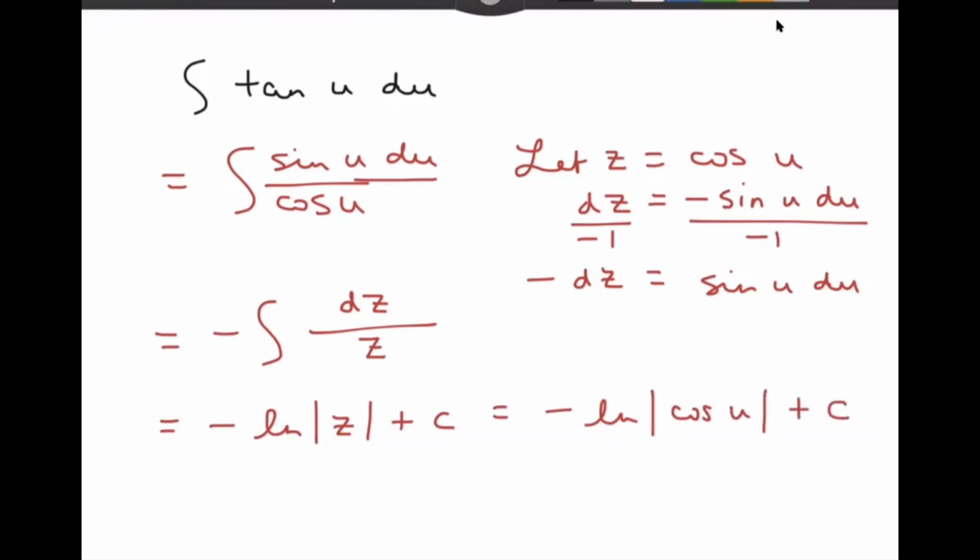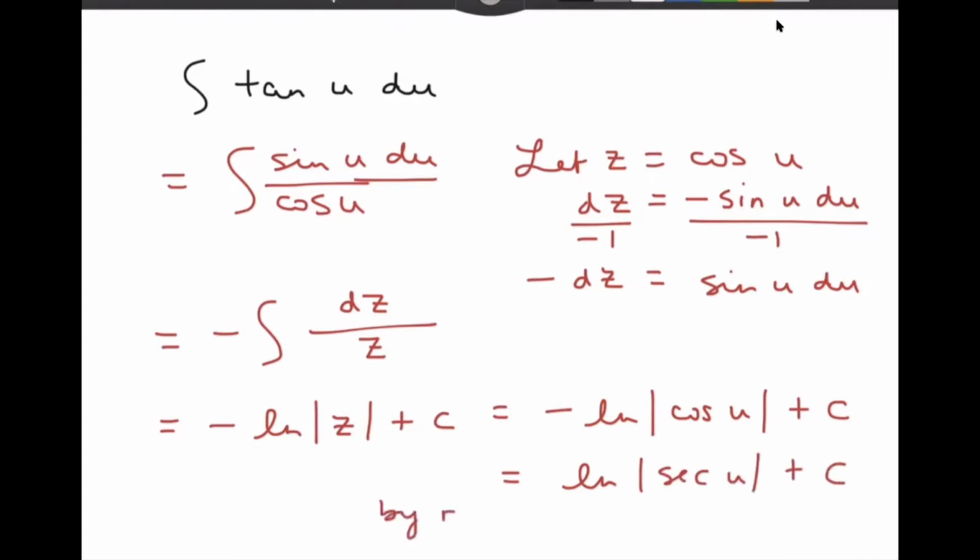Okay, but if you think back to that PowerPoint slide we were just looking at, it said that the integral of tangent u du was natural log absolute value secant u plus c. Well, that's actually the same thing because secant u is the reciprocal of cosine u. And we were looking at a natural log rule in part 1.